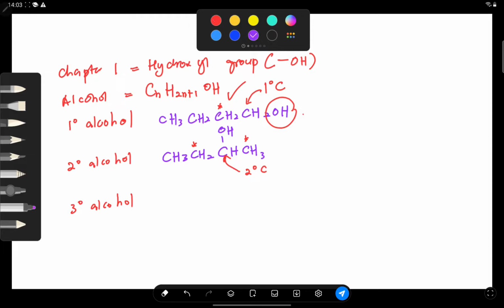And for tertiary alcohol, this carbon is a tertiary carbon because it is attached to three carbons. When this carbon is attached to the hydroxyl group, it will become a tertiary alcohol.